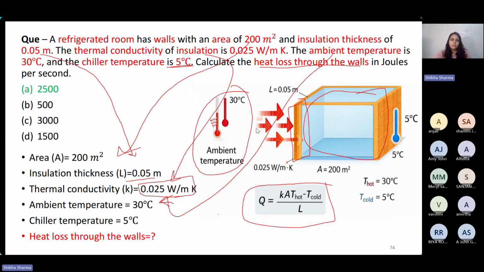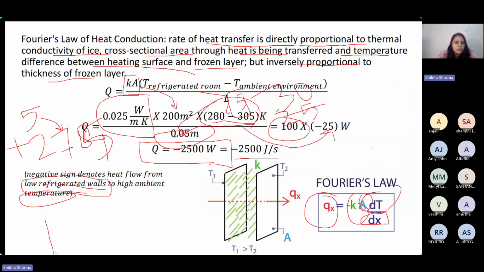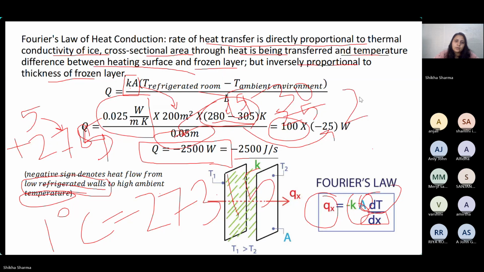Is this question clear? So 1 degree Celsius is 270. If we want to convert degree Celsius into Kelvin, it will be 273.15 overall. But I'm taking here roughly 275. So I have added 275 plus 5, which is 280 here, and here 305.